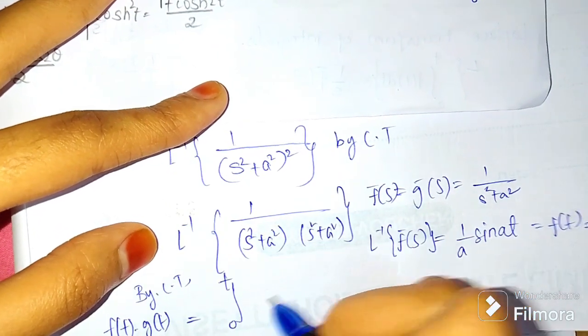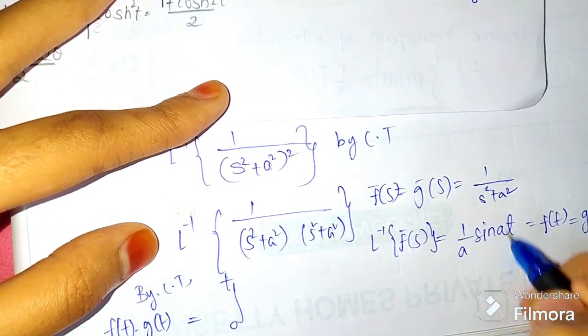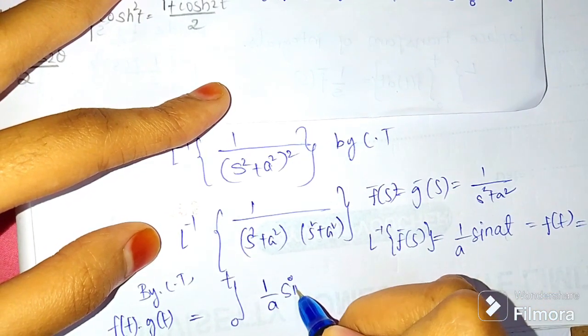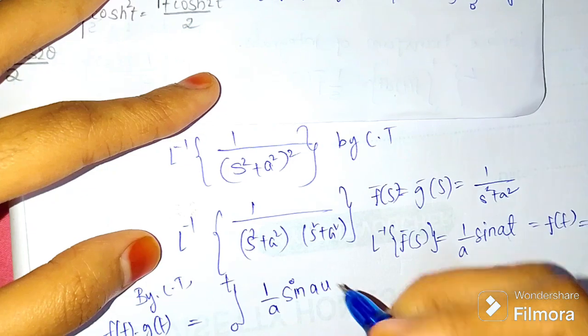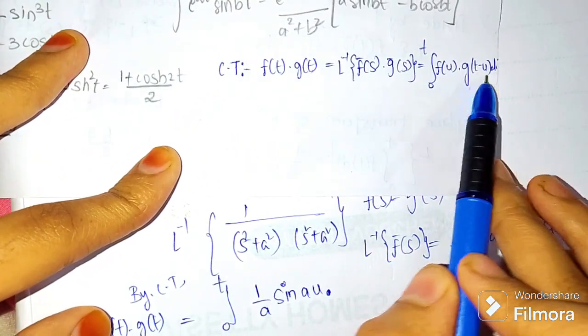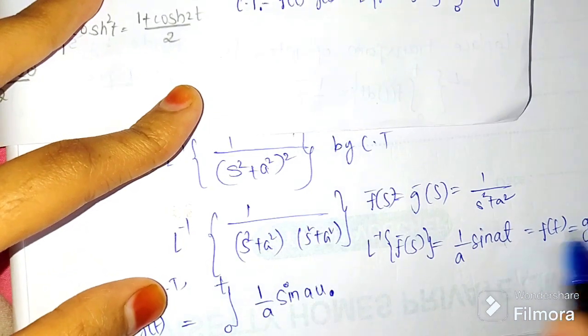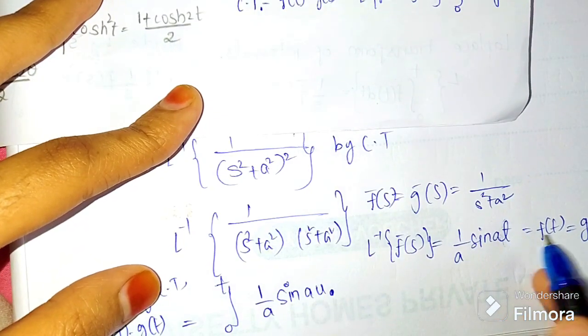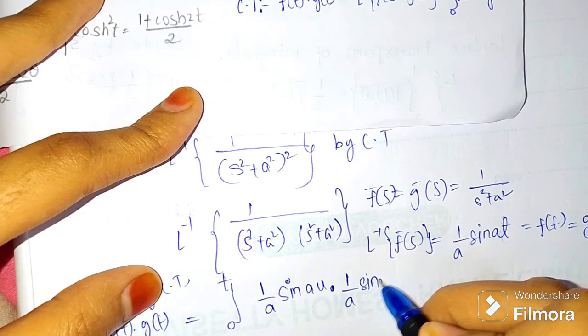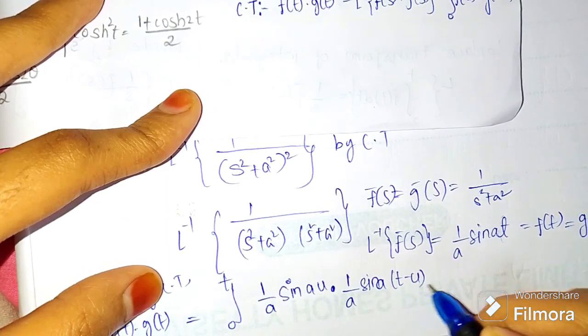What is my f of u? In place of t I should put u, right? So let me write it, sin au I'll get. Next, what is my g of t minus u? In place of this t I have to put t minus u. That's it. 1 by a sin a t minus u du.